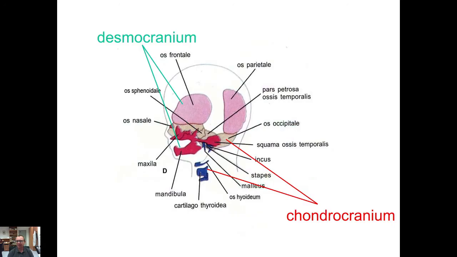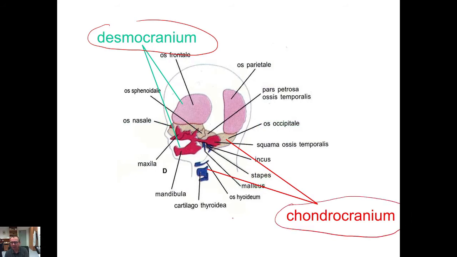The second is developmental classification of cranial bones, or histogenetic classification. That means bones which are originating by intramembranous ossification belong to so-called desmocranium, and then there are bones which are endochondral, and they are forming chondrocranium.